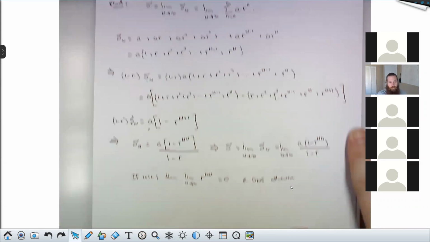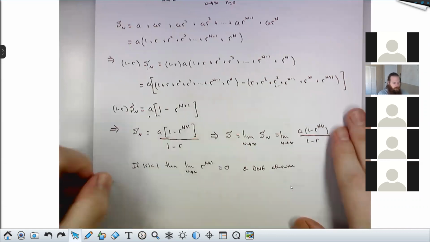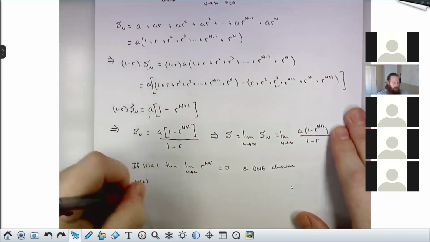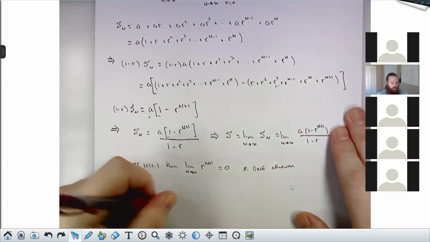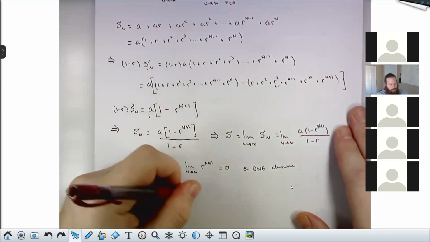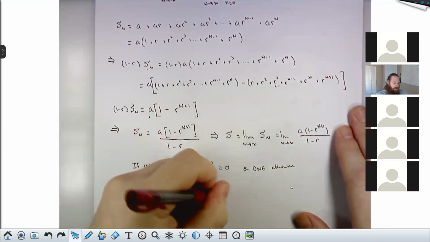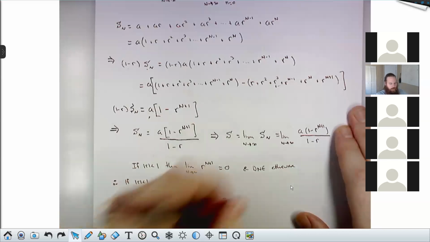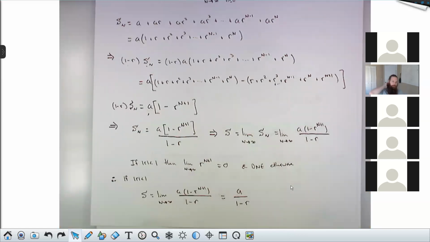This is something we proved about geometric sequences last week. Therefore, if absolute value of r is less than 1, the series S, which is the limit as n goes to infinity of a times 1 minus r to the n plus 1 over 1 minus r, will go to this piece right here, will go to 0. So you get a times 1 over 1 minus r, which is a over 1 minus r, which is what we wanted to prove.